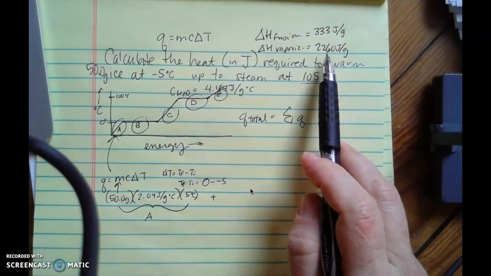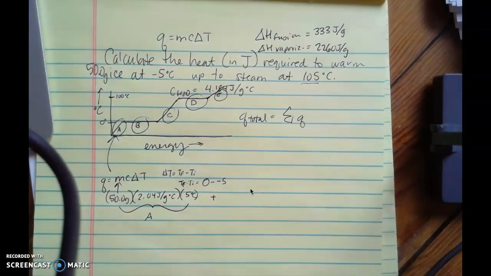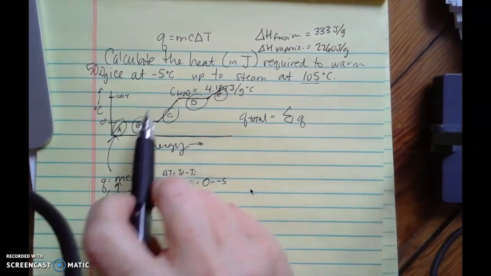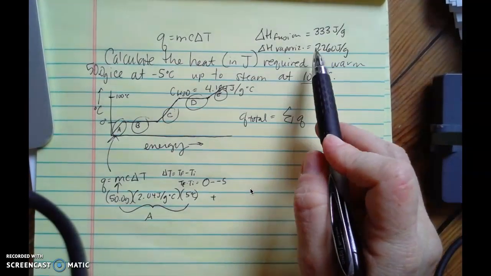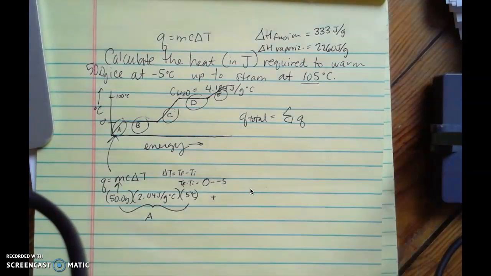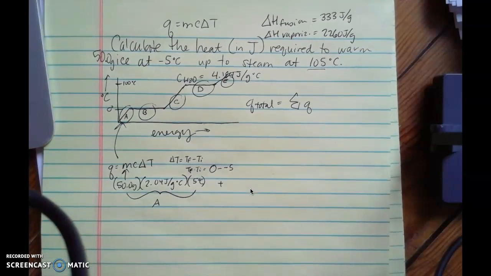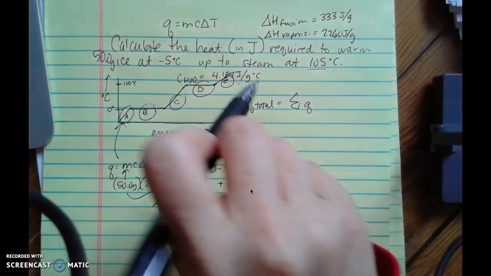Why is that number so high? What's going on there? So what has to be overcome to make the phase transition from liquid to gas? And I know you all just said out loud to me through the computer, it would be the hydrogen bonds. We have to break all those hydrogen bonds.